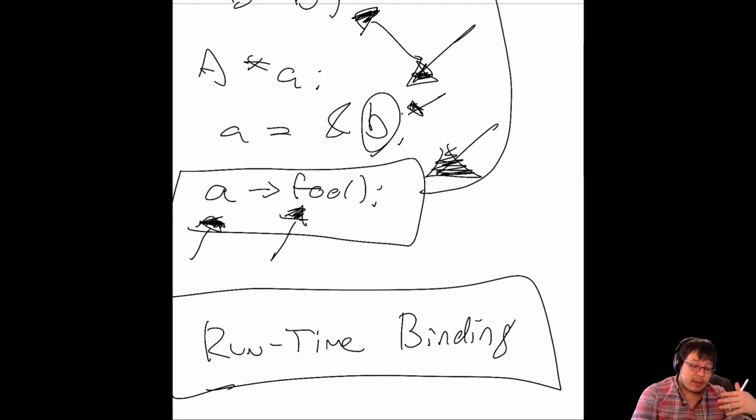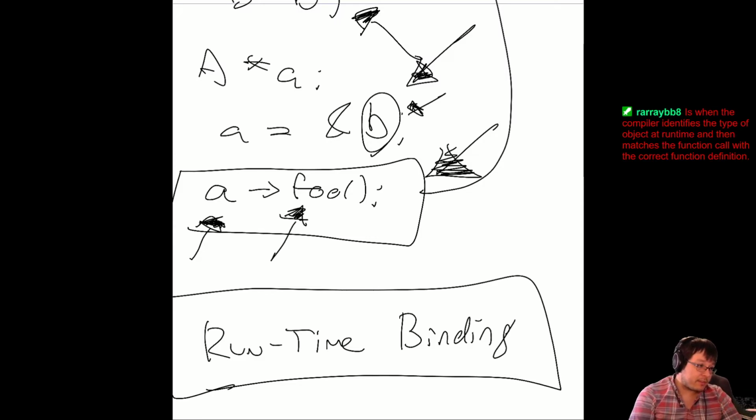Runtime binding is, we shall say, less safe than compile time binding or static binding. It's less safe, but it gives you more flexibility. And like anything in this world, there are pros and cons. C++ is very strict about what you can and can't compile, and the idea behind it being so strict is to protect you from making mistakes.